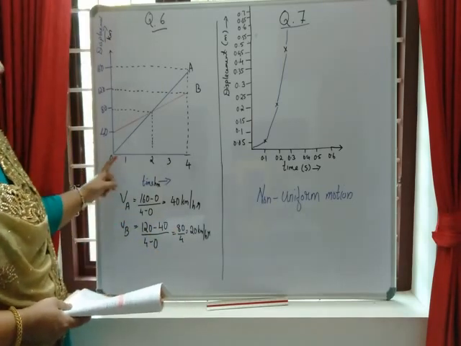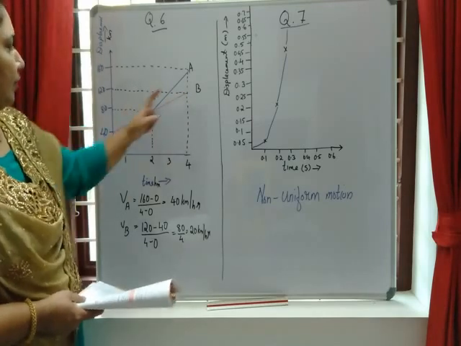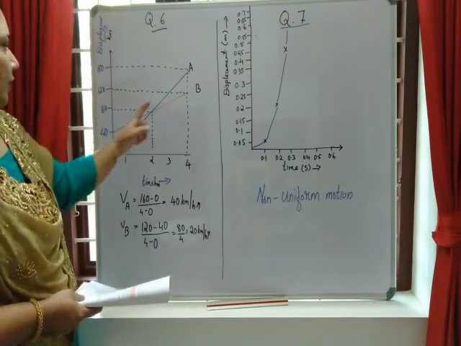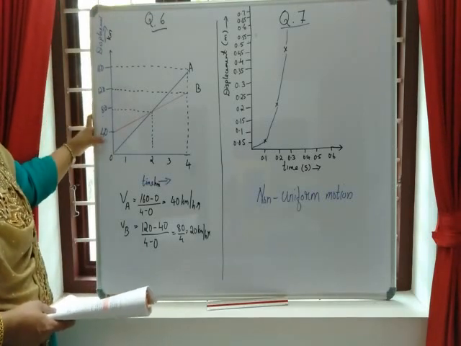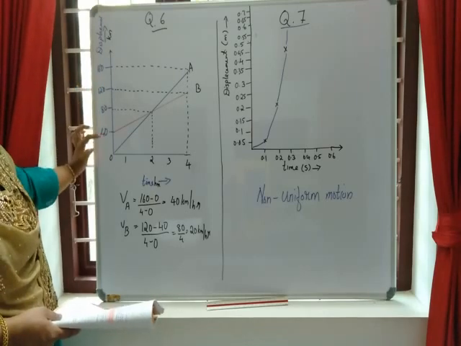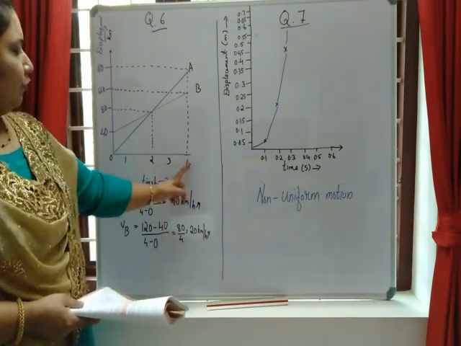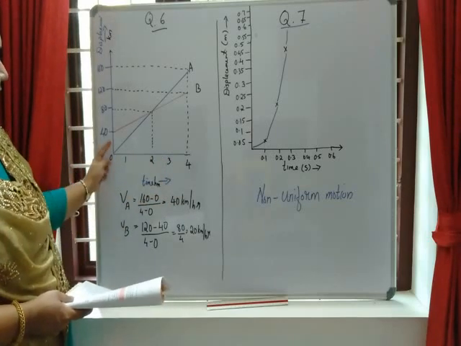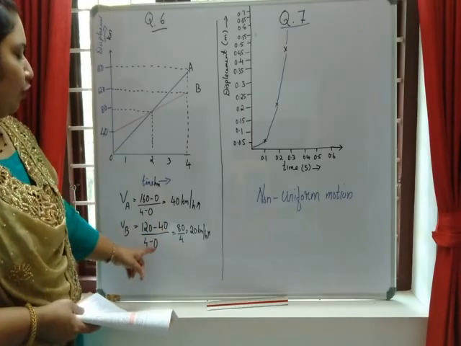In the same way, velocity of B is final displacement minus initial displacement. Car B reaches 120 kilometer, and initially it starts its journey from 40 kilometer. So final minus initial, 120 minus 40, by time, 4 minus 0.